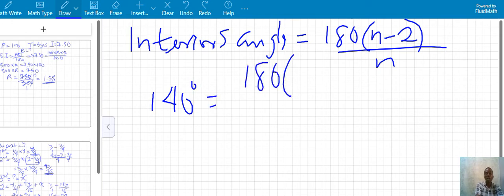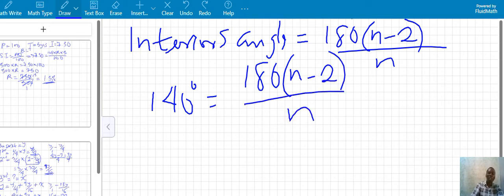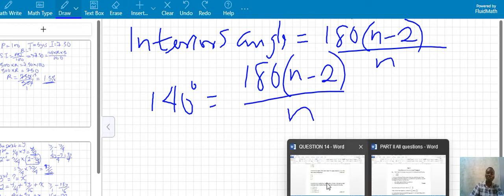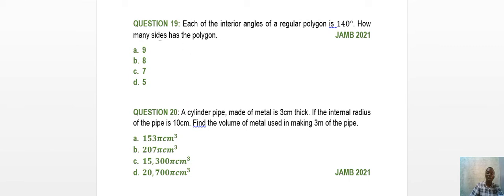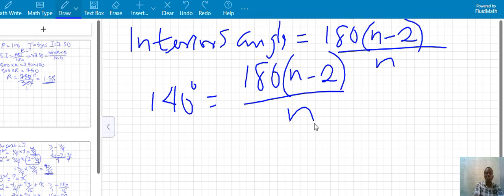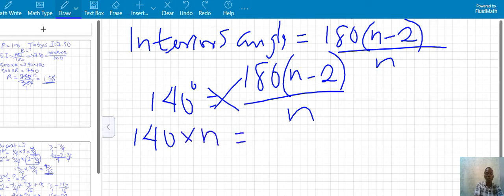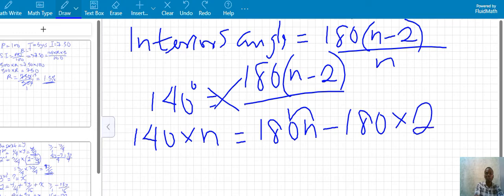So we have 140 degrees equal to 180 into bracket n minus 2, all over n. Remember the question, you are asked to find how many sides the polygon has. So if we cross multiply this, we are going to have 140 times n equal to 180 times n minus 180 times 2.